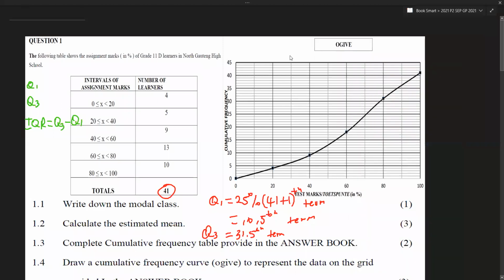Okay, sharp. So what you do is you look where 10.5 is. 10.5 is between this line and that one, so it's somewhere here, right? Then you go down. So I'm getting how much here?